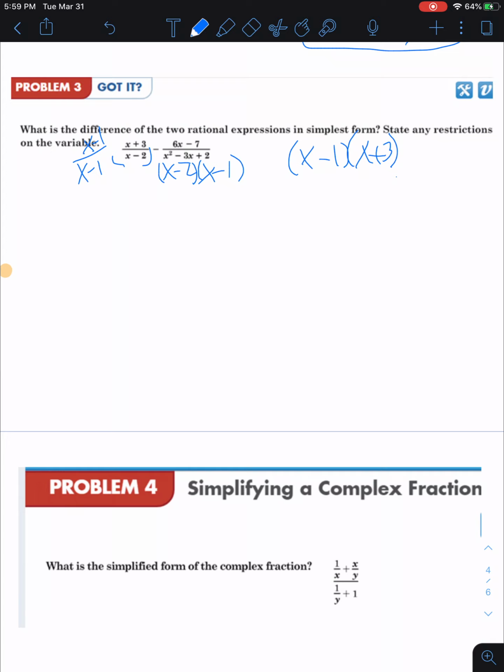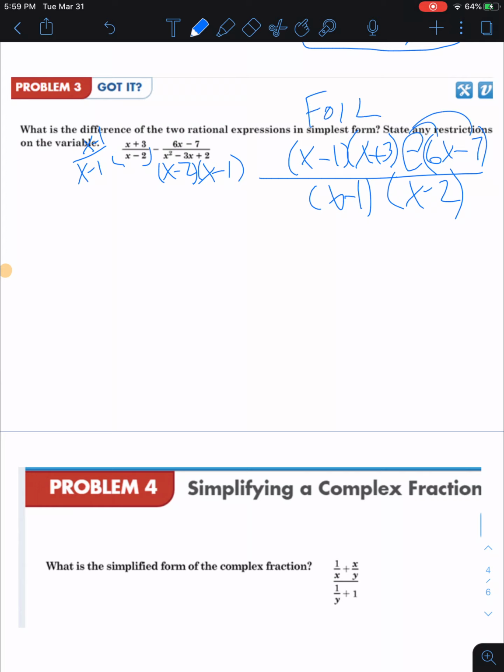For the first term, minus, and then I'm just going to have 6x minus 7. All over, and by golly, it's x minus 1, x minus 2. They're the same denominator. I'm going to FOIL this side and then distribute this negative sign.